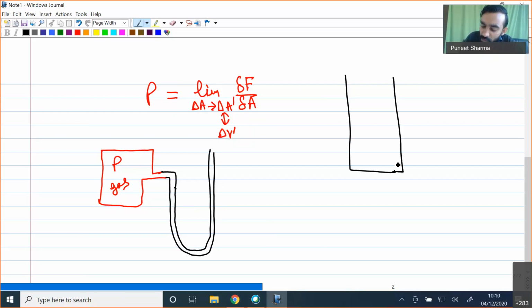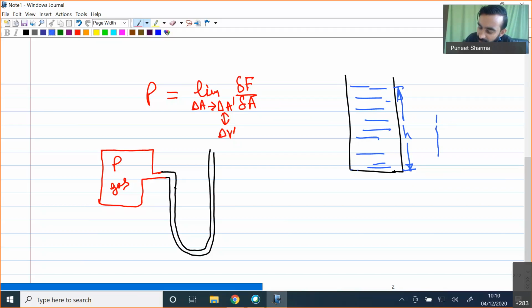We already know, from yesterday, that if we have fluid in some container of height H, what will be happening? We will be having the value of pressure at the bottom as equal to, and for this we drew the free body diagram.